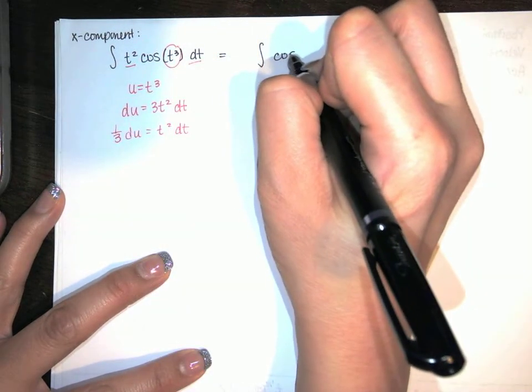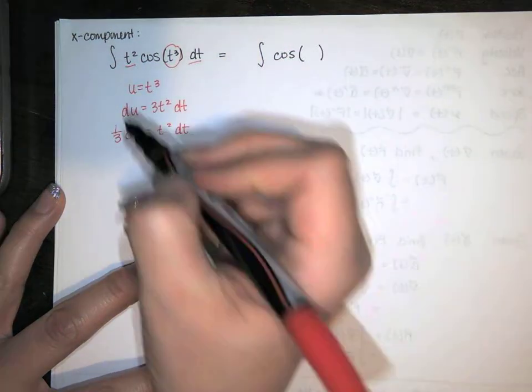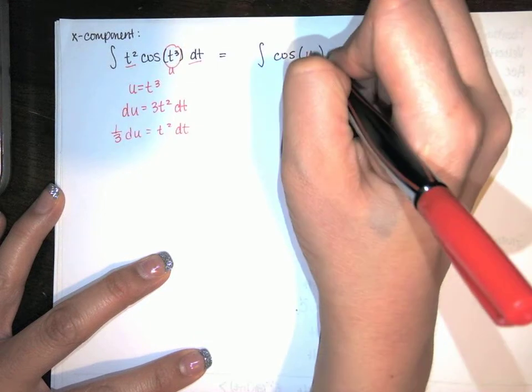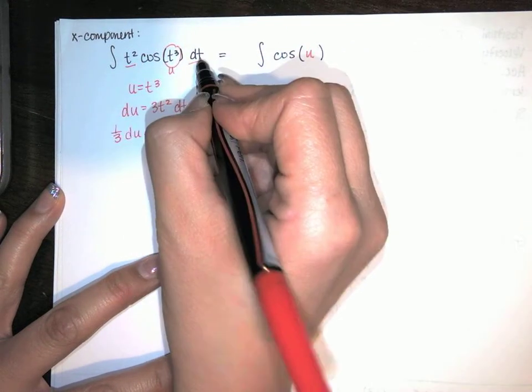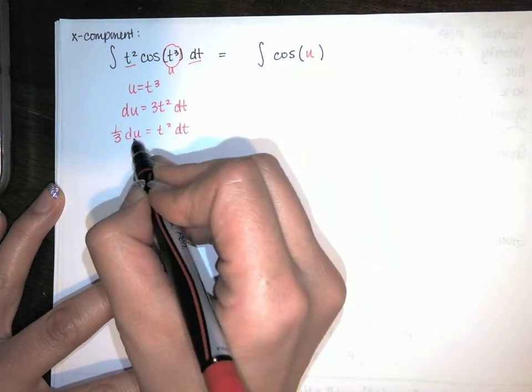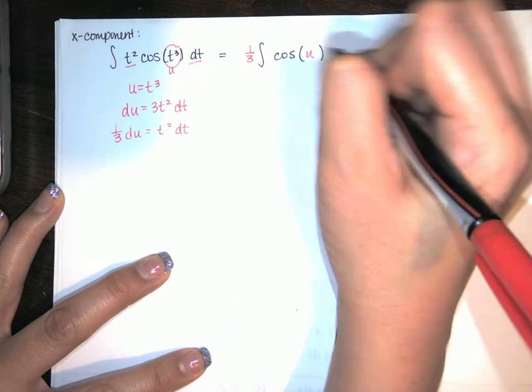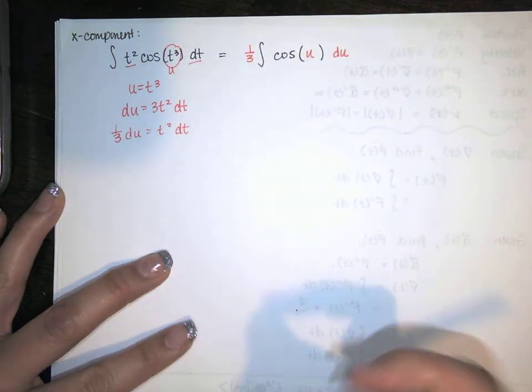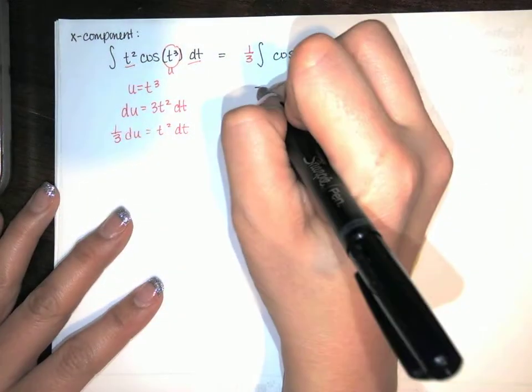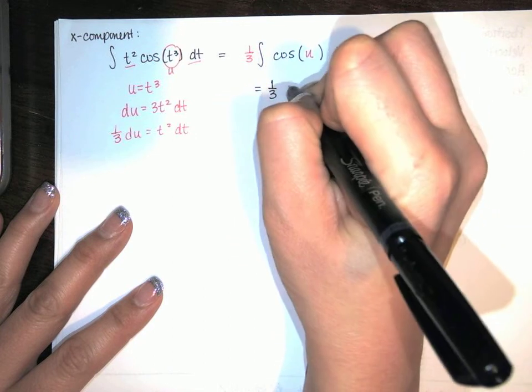And then this becomes this new integral. I've got cosine of my t cubed, that was u. The t squared dt, according to this, that's 1/3 du. I'm going to put the 1/3 over here, the du on the far right. And now we just anti-differentiate. Antiderivative of cosine is sine.